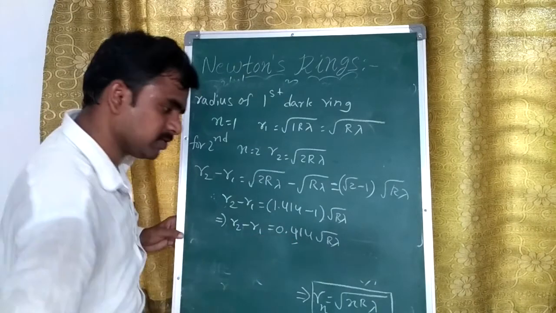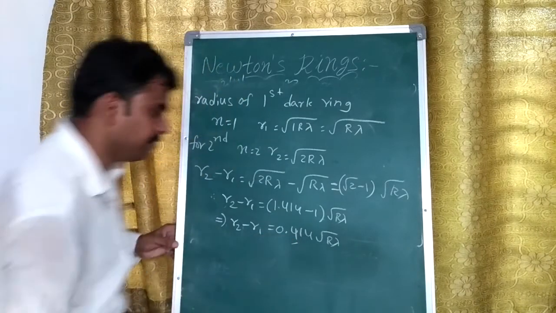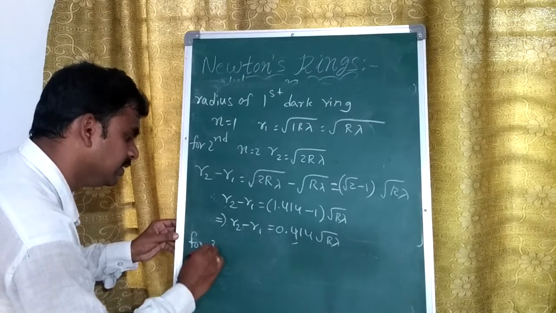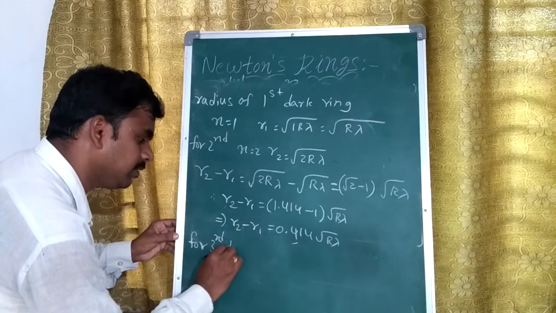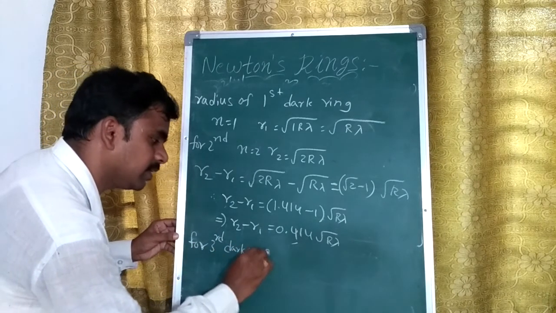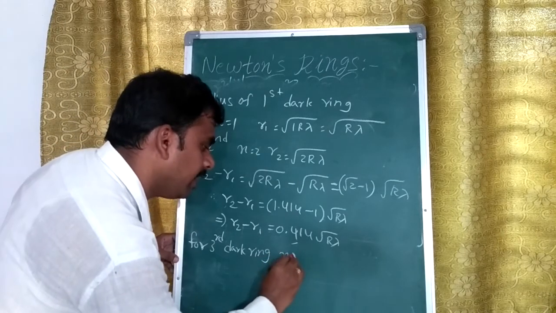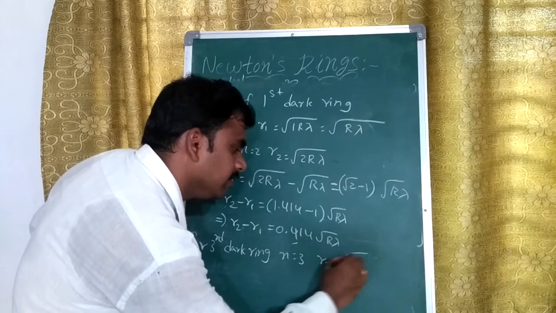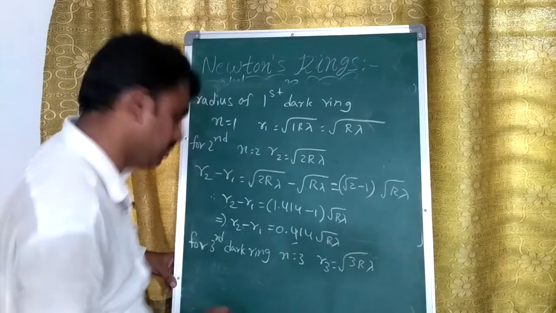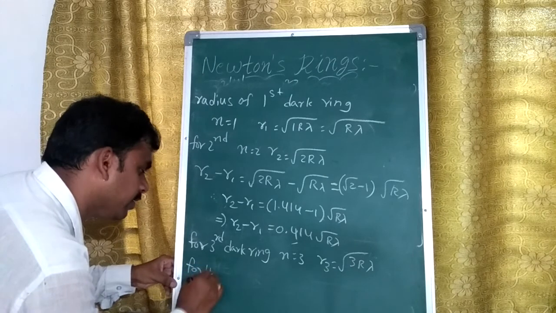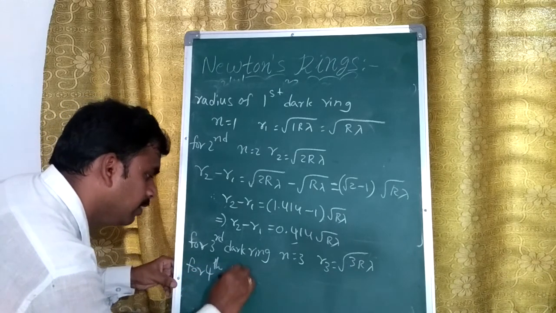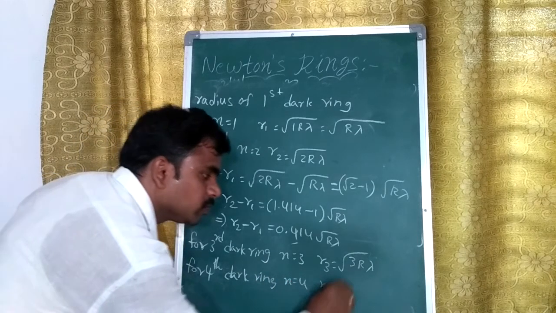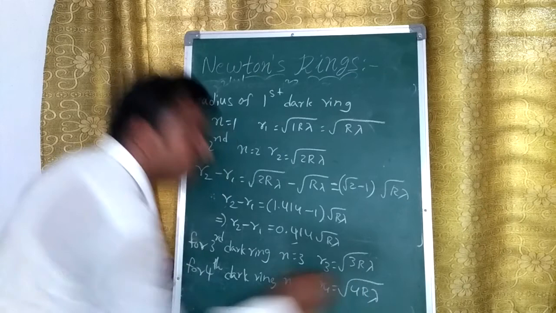In the same way, we take the third dark ring and also the fourth dark ring. So n equals 3 means the radius of the third dark ring, r3, equals the square root of 3R lambda. For the fourth dark ring, n equals 4, r4 equals the square root of 4R lambda.